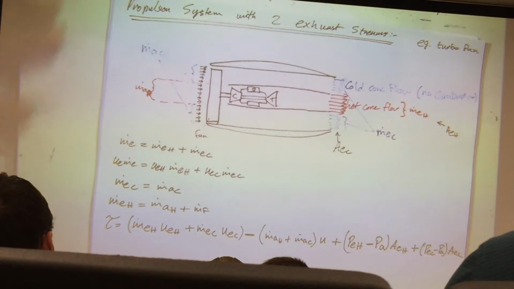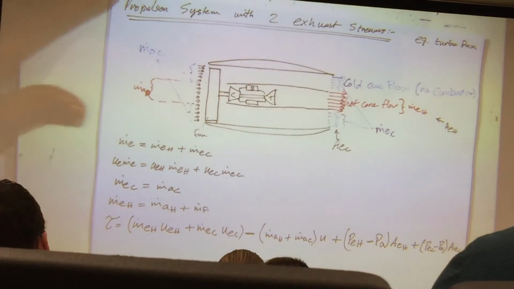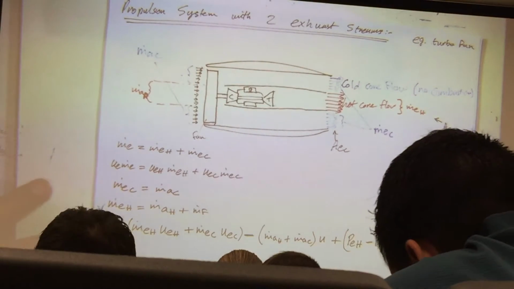So let's rearrange the terms and substitute some of our masses that we have over here. What do we get?